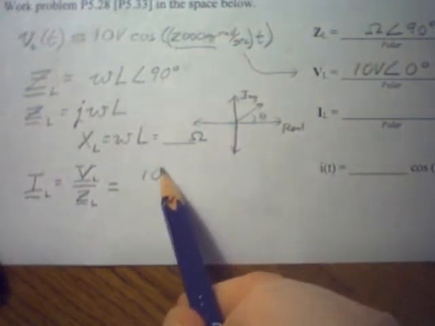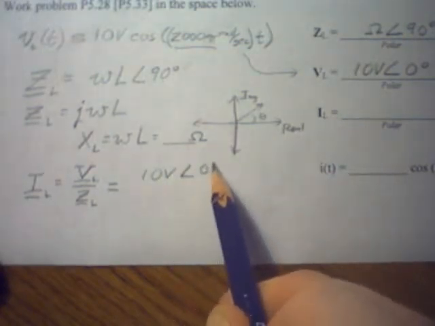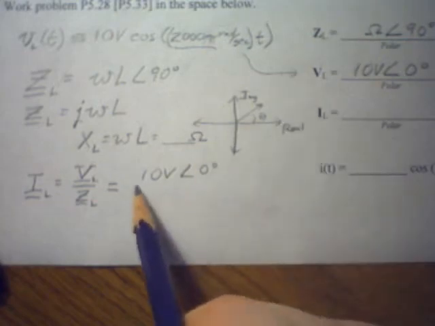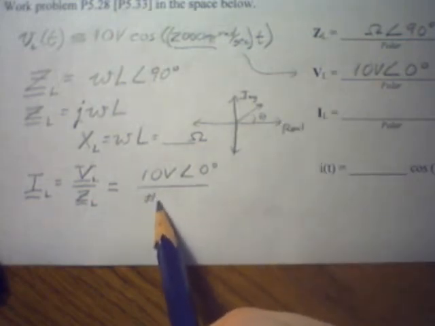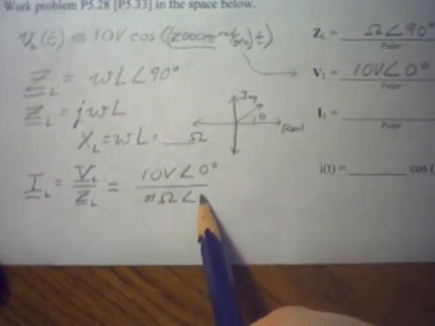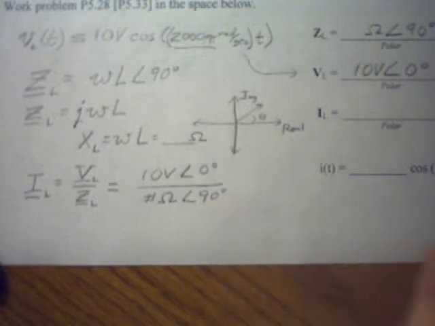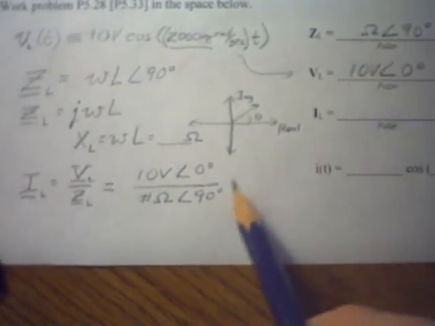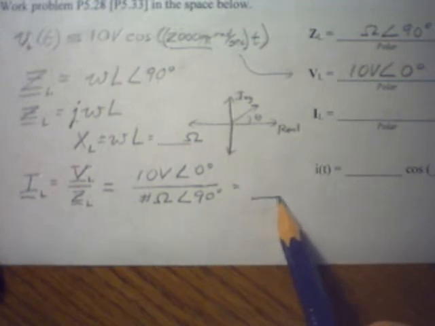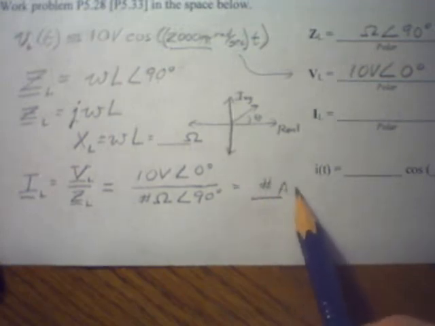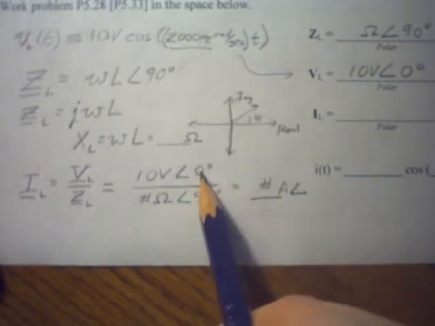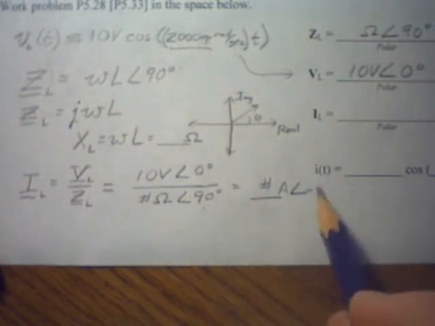So we get 10 volts at an angle of 0 degrees divided by some number in ohms at an angle of 90 degrees from up here. And we're going to get some number in amps at an angle of 0 minus 90.